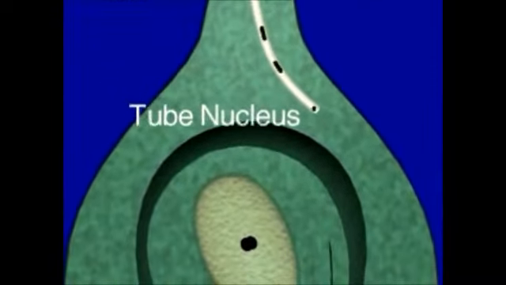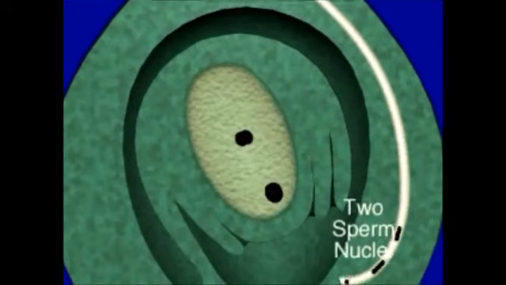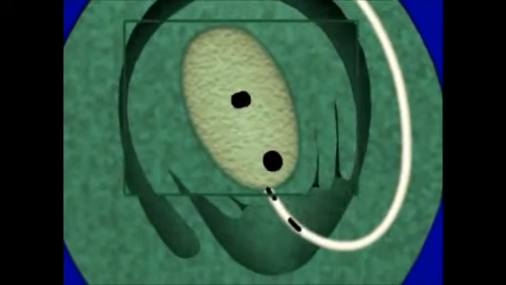The tube nucleus leads the way through the tissue of the style toward the female gametophyte. The 2 sperm cells travel through the pollen tube and enter the ovule. 1 sperm fuses with the haploid egg cell to form the zygote. The other sperm unites with the diploid central cell to form a triploid cell that will develop into endosperm.